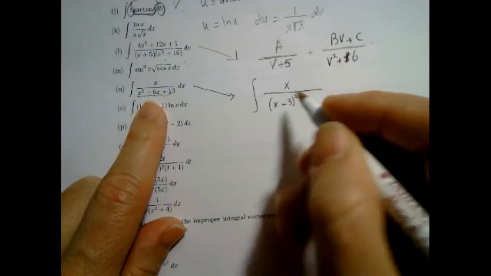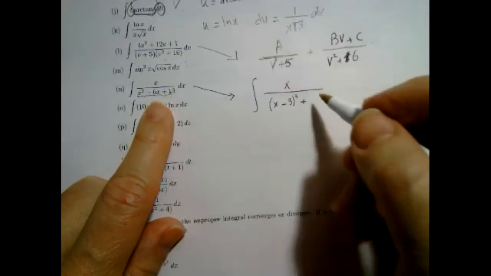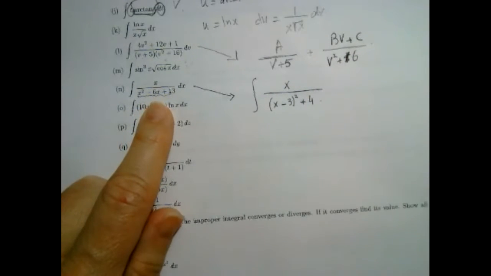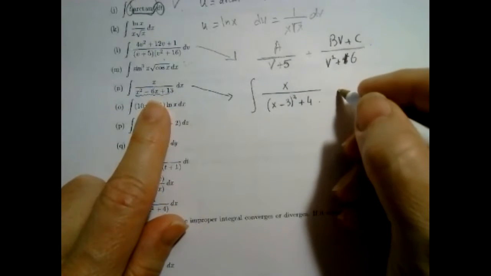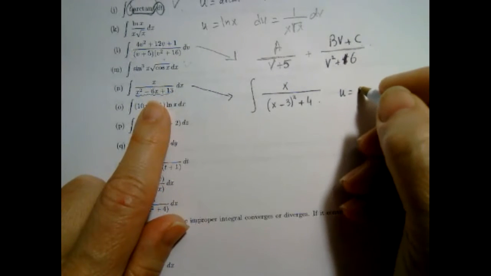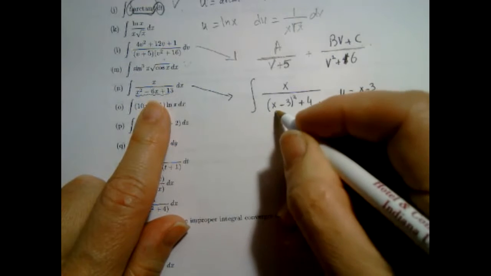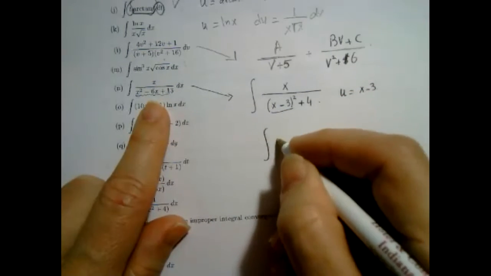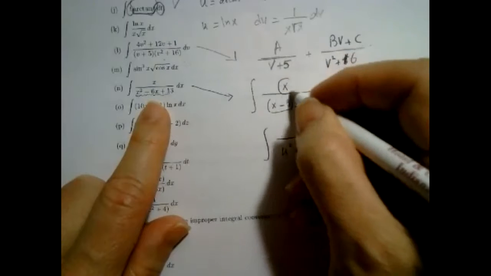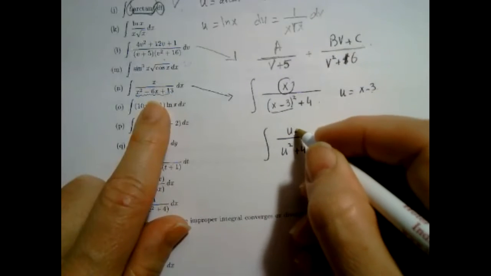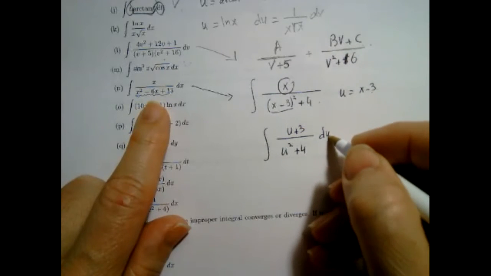If you complete it, you're going to add minus 9 plus 4, okay? Then you put u to be x minus 3, so we can get rid of that, and everything will be in terms of u. So x should be u plus 3, du.